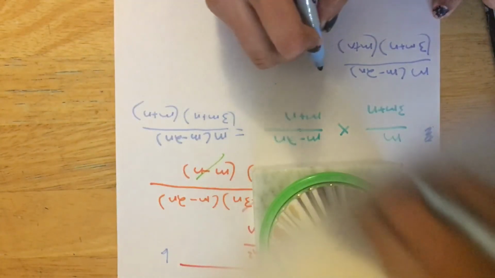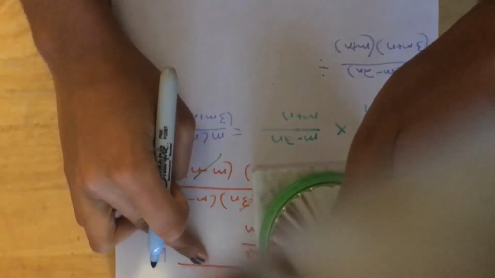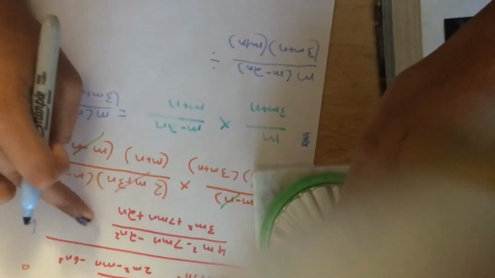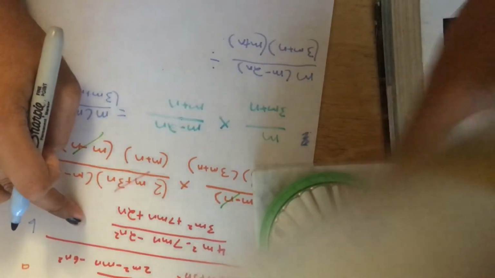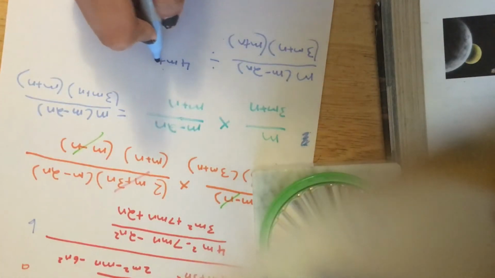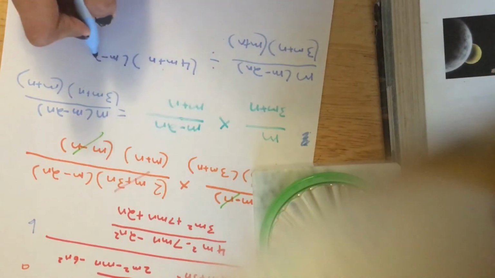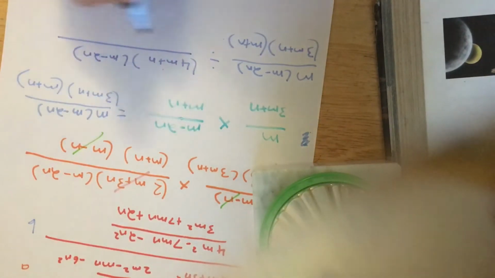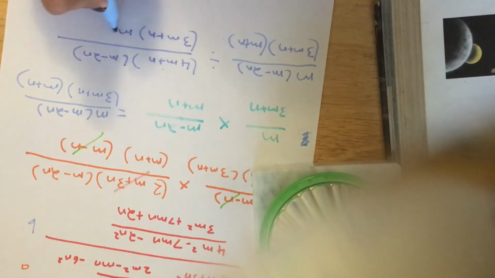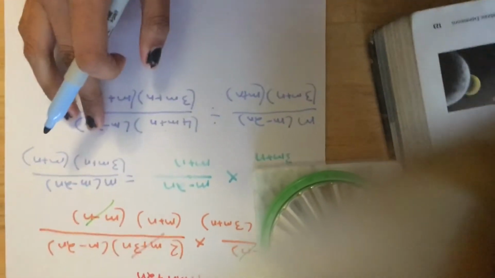So then I'm going to divide it by the number we had on the bottom at first. So that number was 4m plus n in brackets and m minus 2n over 3m plus n in brackets and m plus 2n.